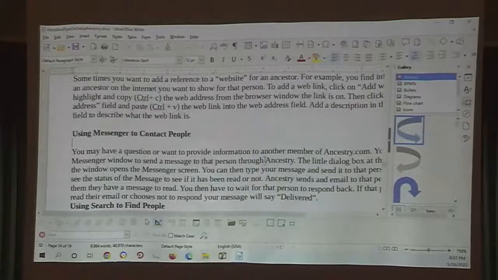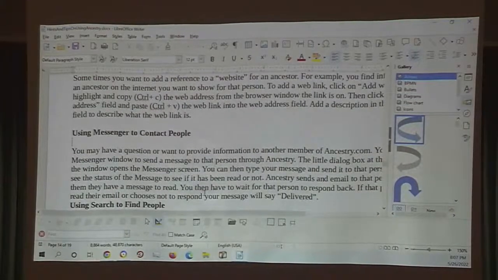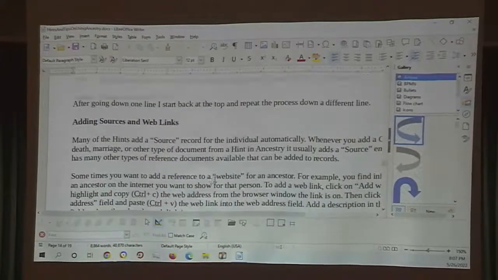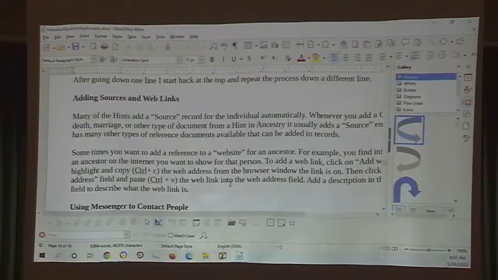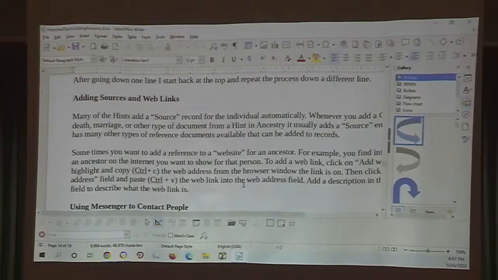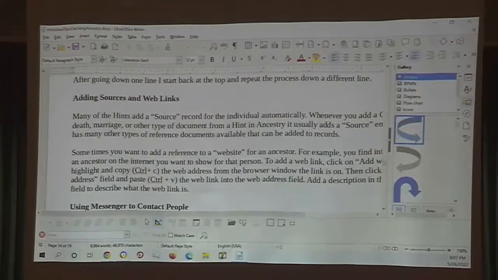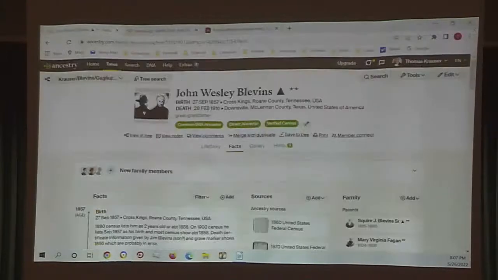I've used Messenger to contact DNA matches to talk to them, and I've also been contacted by other people with Messenger. It talks about adding sources and web links. If you find an interesting website about your ancestor, you can copy the web link and then add it into your tree.